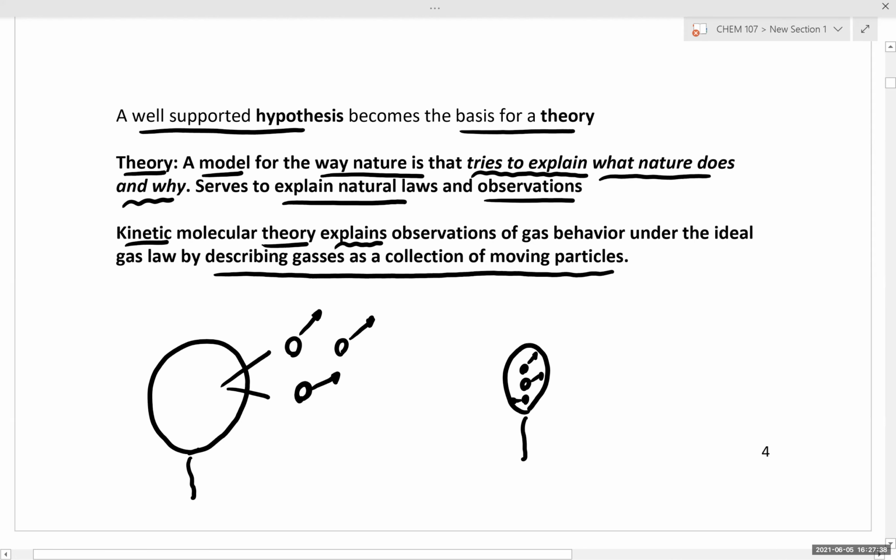So we can use kinetic molecular theory to predict what would happen if we change the temperature, what would happen if we change the volume of a gas. So a theory is wonderfully useful to help explain our natural laws and observations while having an adequate amount of predictive power for future observations.